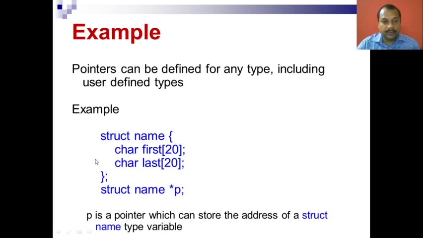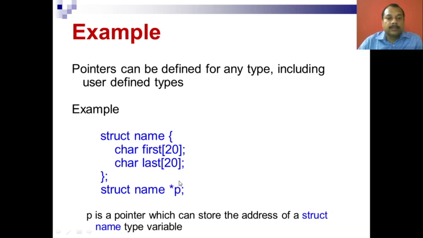Okay. So here you can see this is the structure definition. This is not any variable declaration of type struct name, that will come after, or I have to declare that separately. But here it is the pointer variable declaration of data type struct name. Now p is a pointer which can store the address of a struct name type variable. Okay. Now again the question is, what will be the memory requirement for *p?